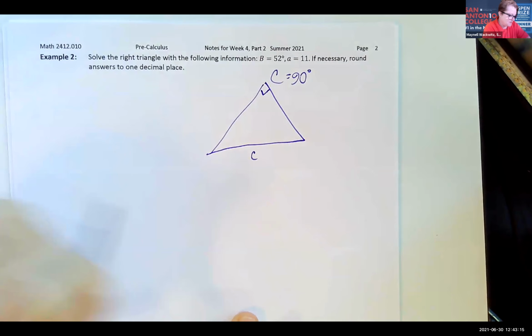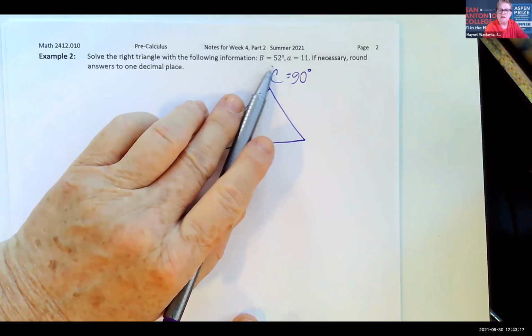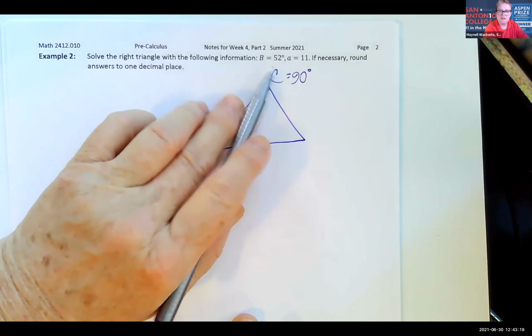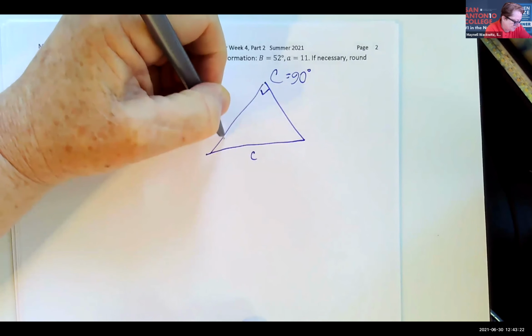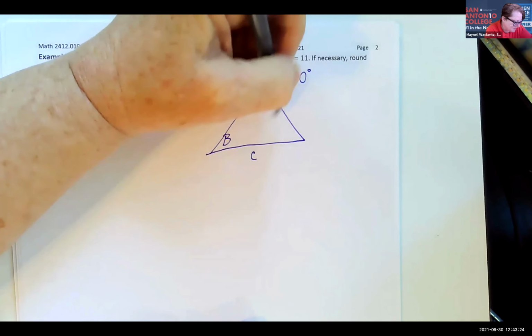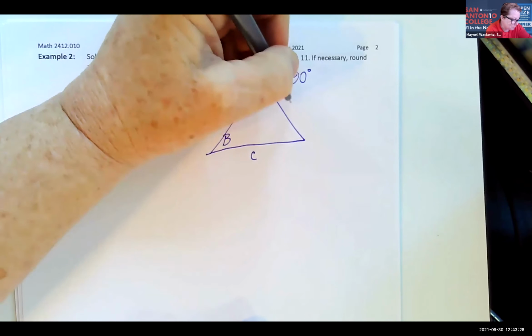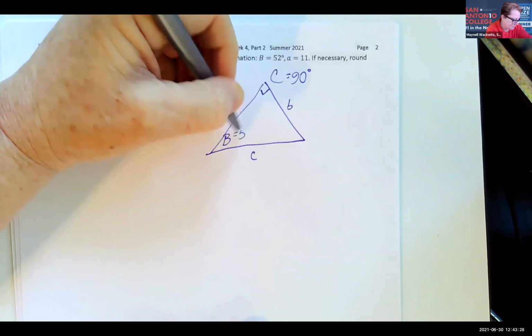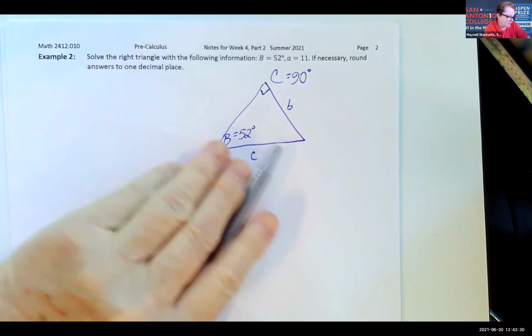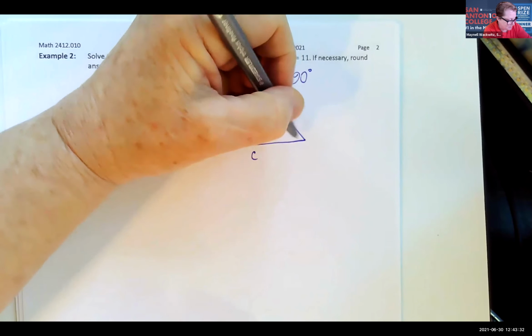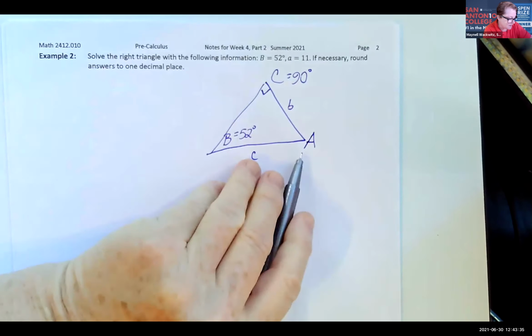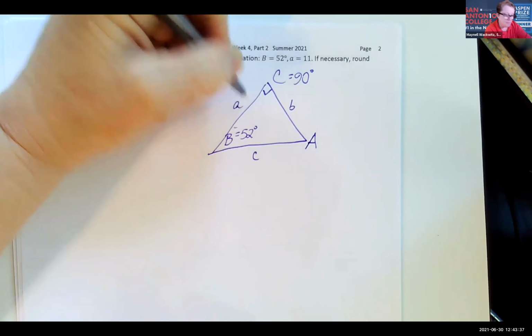And they tell us that angle B has measure 52 degrees. So I'm going to call this lower one B. That means that the side opposite will be little b. And that means the third angle has to be A, and the side opposite it is little a.